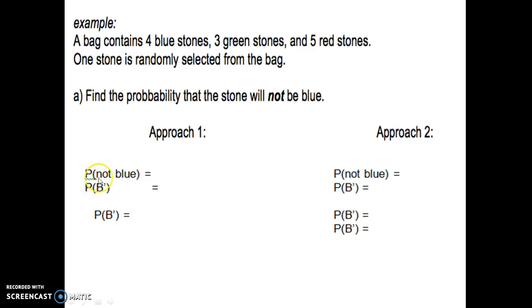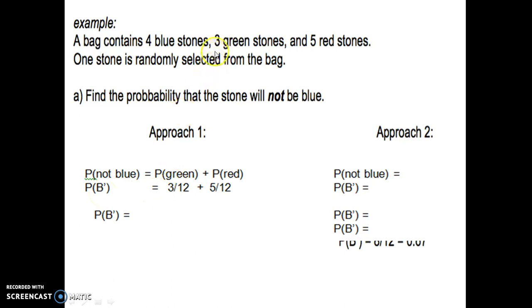First, you can say the probability it's not blue is equal to, well, if it's the other colors, it's green or it's red. So it will not be blue if a green or a red is chosen. So probability not blue, written like this, complement of blue.